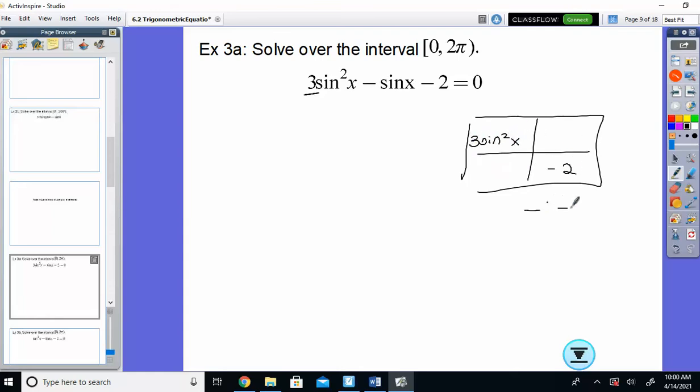So these multiply to a negative 6, add to a negative 1. What would that be? So if we factor, first column we can take out a 3 sine x, 2, this way we can take out a sine x minus 1.